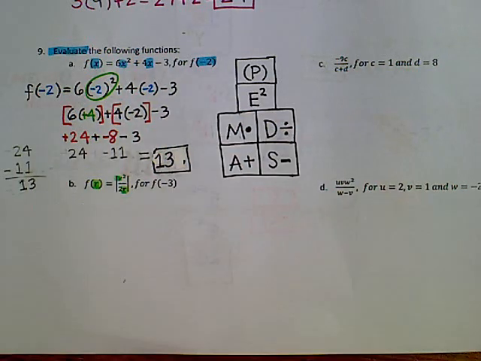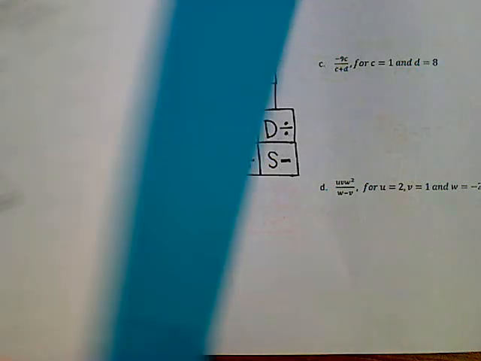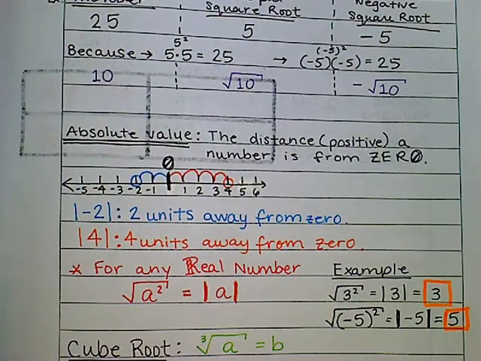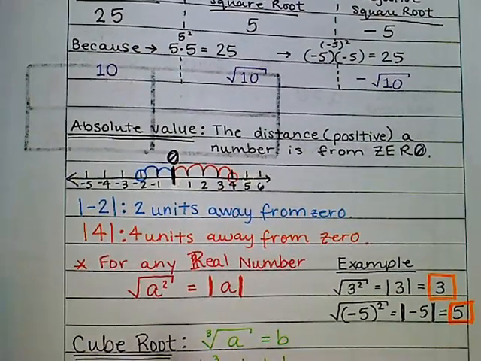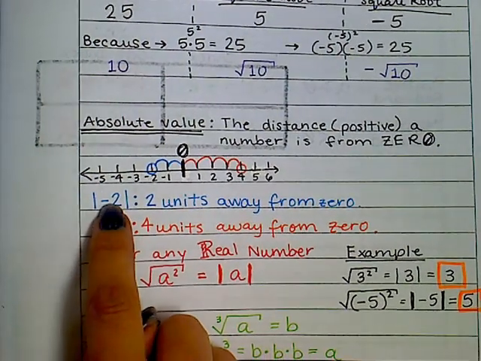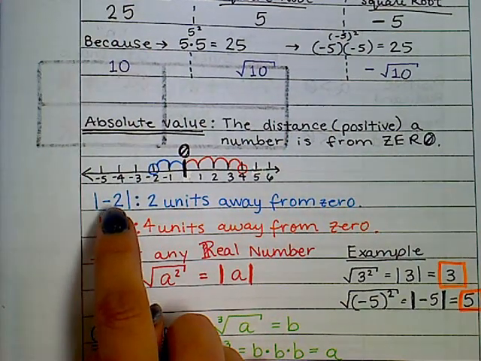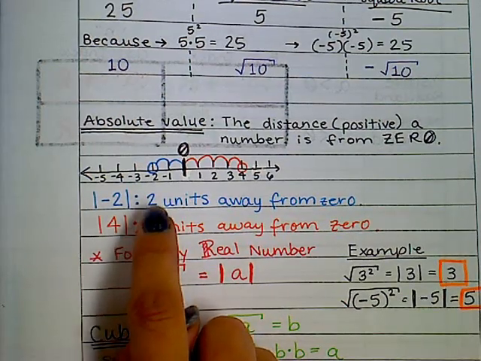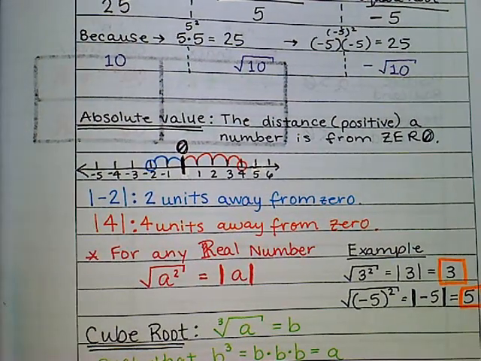Now, if you go back in your notes, let's see exactly which page. Page 9, actually. We had written that absolute value is the positive distance a number is from 0, and so that's why if you have a negative answer inside of absolute value bars, you would say that is 2 units away from 0.